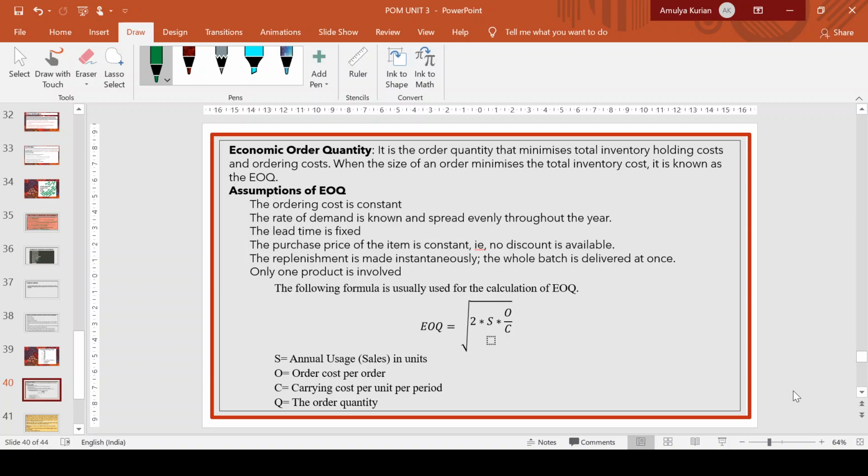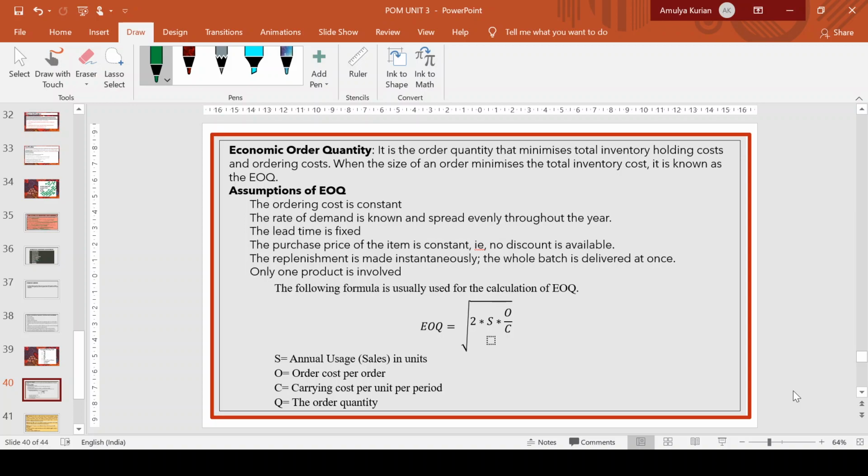So the quantity to order at a given time must be determined by two factors. One is the cost of processing or carrying materials, and the other is the cost of acquiring or ordering materials. These are the main two costs which will be associated. And there is a formula which we will be using.